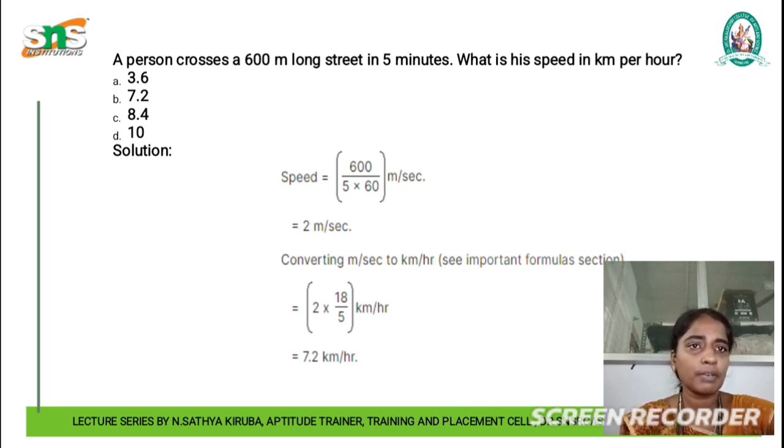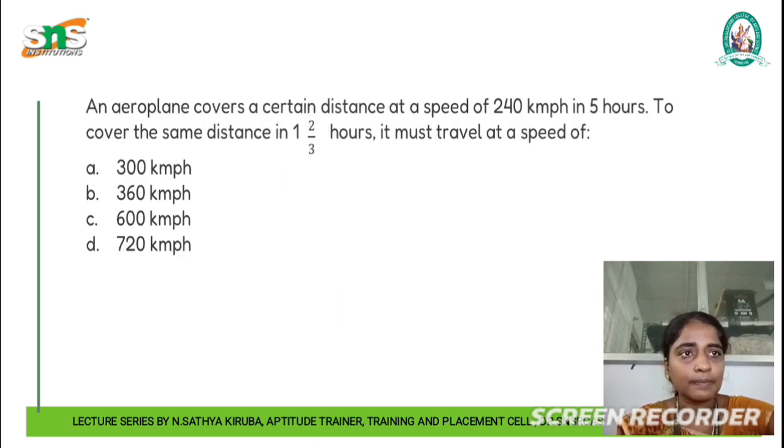We have distance in meters and time in minutes, so we will first convert into meter per second, then finally into kilometer per hour. That gives 2 meter per second. Converting to kilometer per hour by multiplying with 18 by 5, we get 7.2 kilometer per hour.